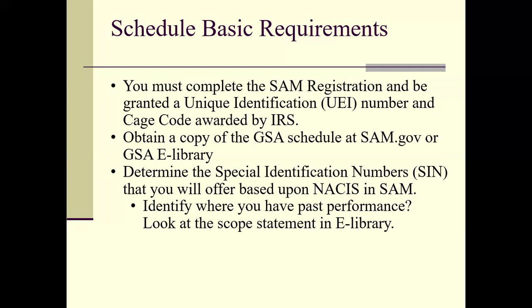And so you're identifying where you have past performance, and you're matching that up with the scope in eLibrary, and that will give you the situation where you can identify the special identification numbers, whether it's 541611, which is professional services, or if it's 541HEAL, which is the IT services for health. All of those things will be out there, and you can take a look at it and see if it matches what you have done in the past.